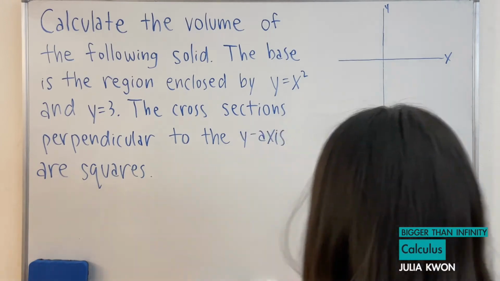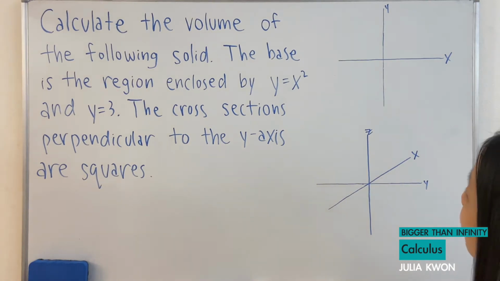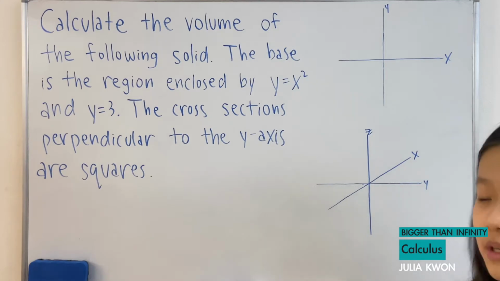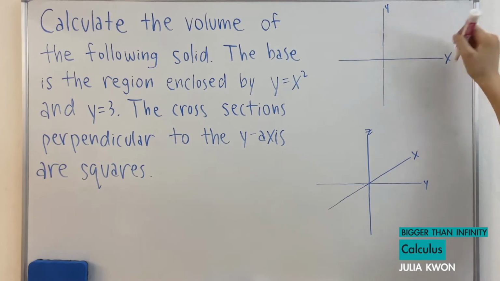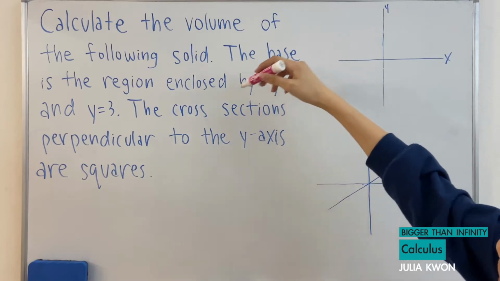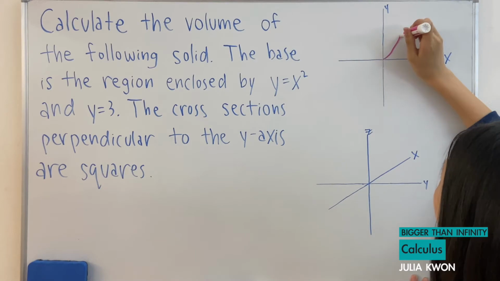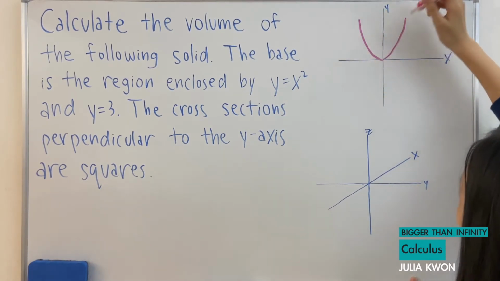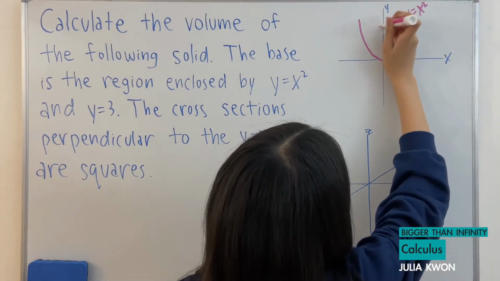To demonstrate what this problem is saying, I'm going to graph it in two dimensions and three dimensions. For the two-dimensional graph, we have the x and y axes, and if we draw the base, which is enclosed by y equals x squared and y equals 3, it would look something like this. This is the graph of y equals x squared, and here is 3.